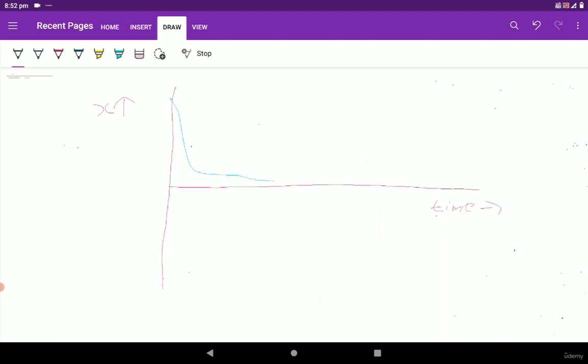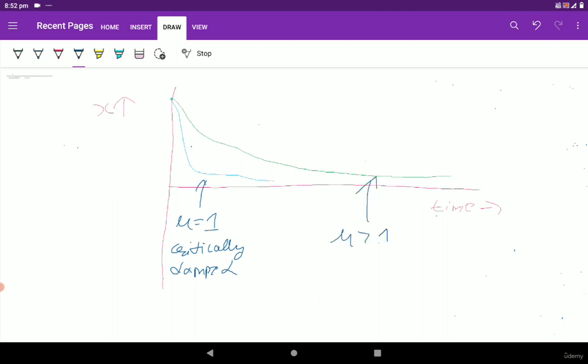This is for damping factor equal to 1. The graph for overdamping looks something like this. In this case, the damping factor is greater than 1, and this is called an overdamped system.